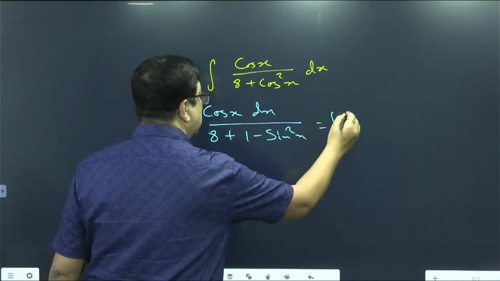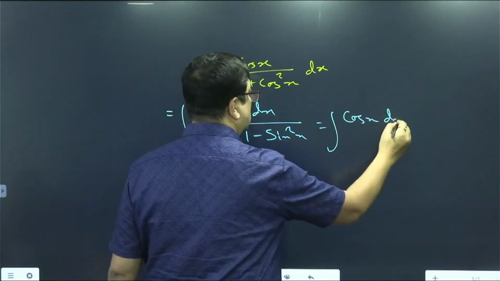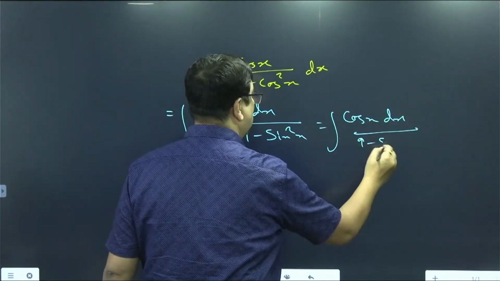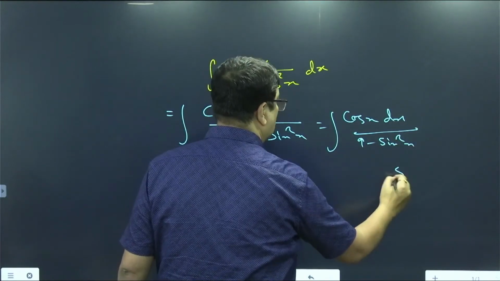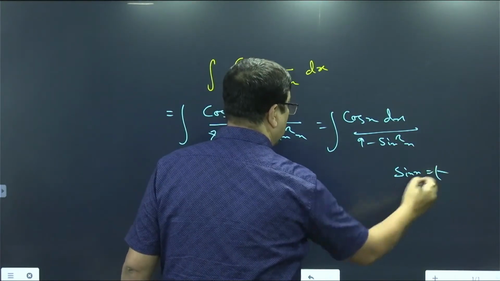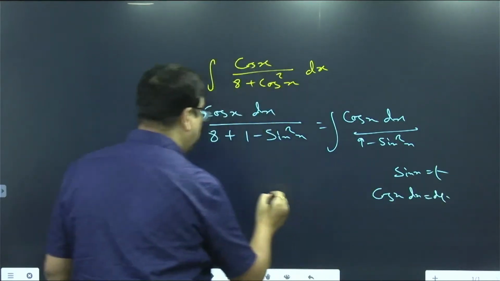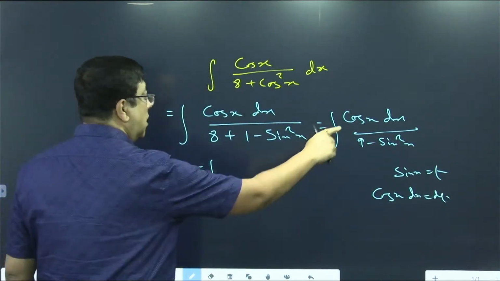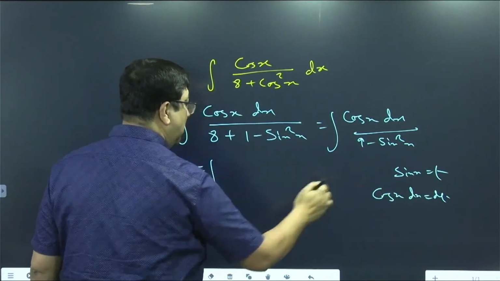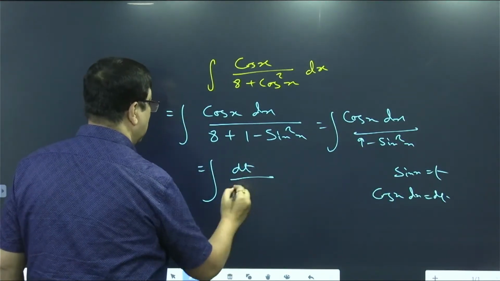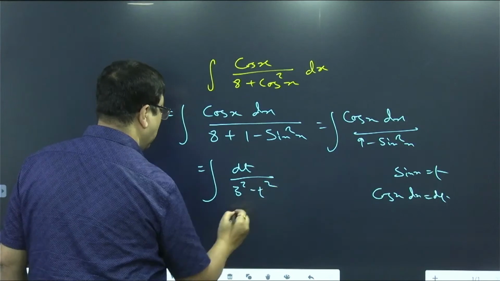So we can write this as cos x dx by 9 minus sin square x, and sin x equal to t. So cos x dx equals dt. Therefore, dt by 3 square minus t square.